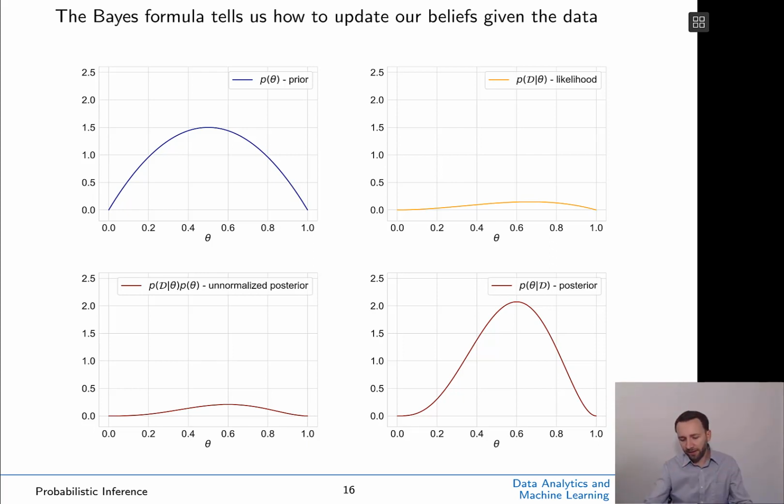The posterior gives us a good trade-off between these two. Of course, the prior could also match the likelihood, this is not forbidden, but the prior is what we believe before seeing the data, the likelihood is what we get from the data, and the posterior is the combination of both.